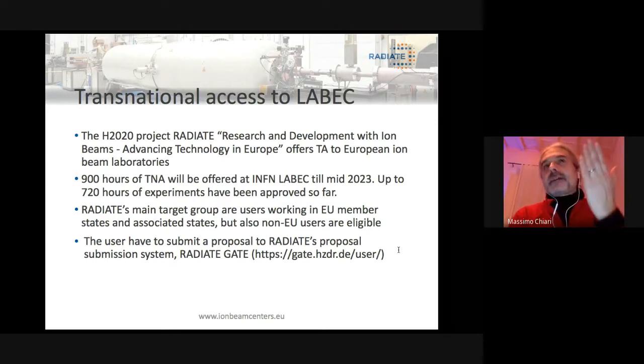The main target is obviously European users and associated countries, but there is also a quota, about 20%, for non-EU users, so people from, let's say, Africa, South America, so from Brazil, for example. And there is not really a user-friendly submission system, but if some of you is interested in doing measurements, I can help you.